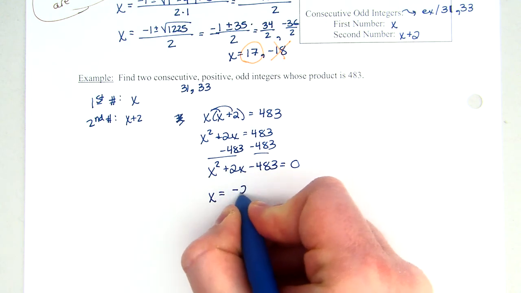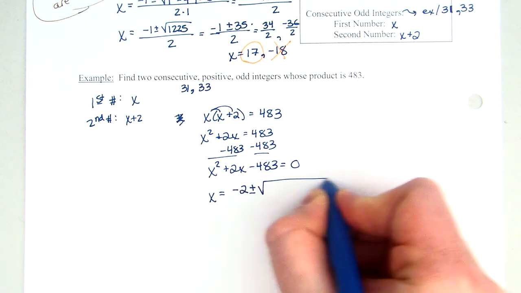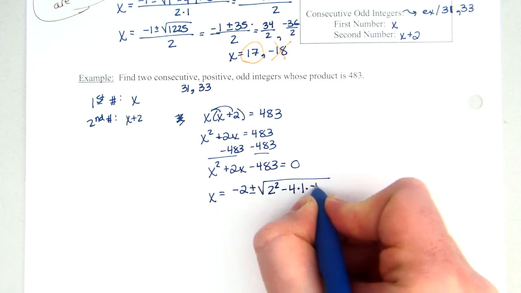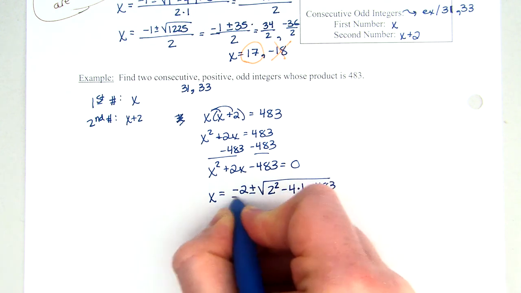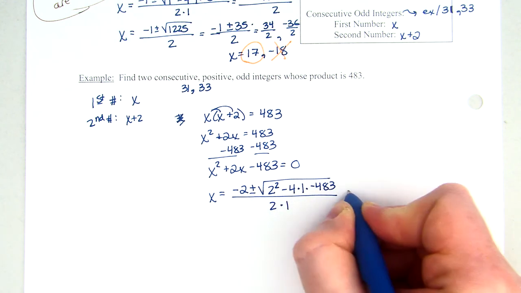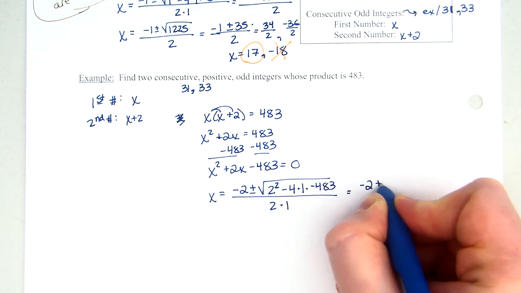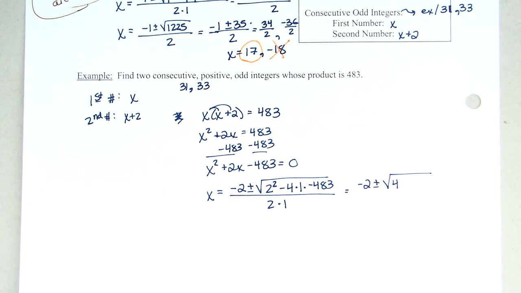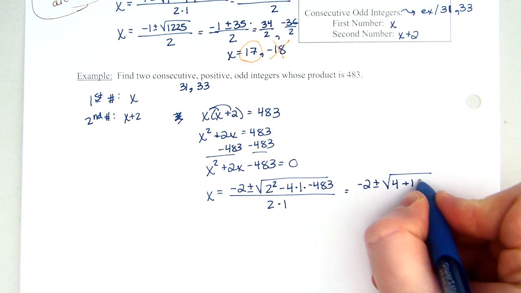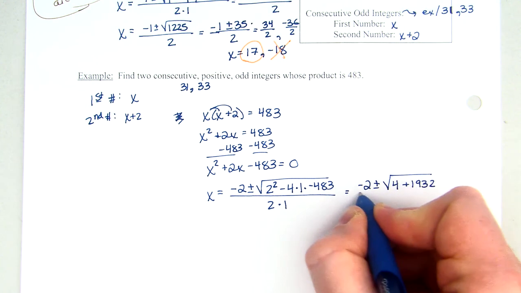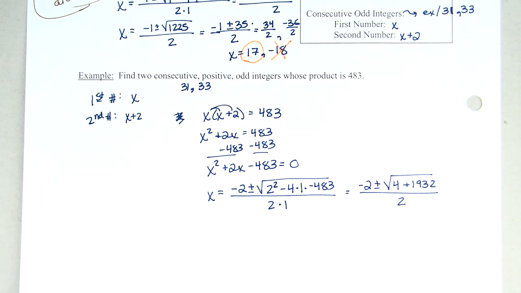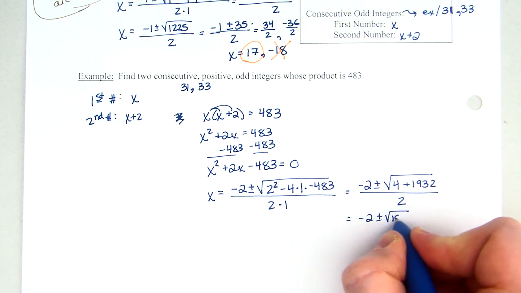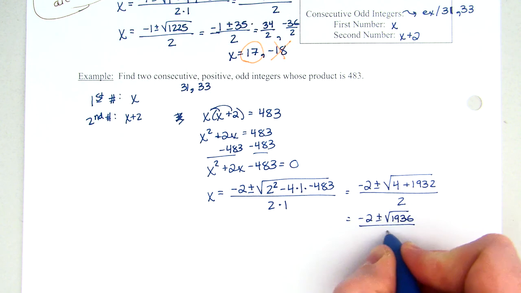X equals negative b, so negative 2, plus or minus the square root of b squared minus 4 times a times c, all over 2a. This gives me negative 2 plus or minus square root of 4. Those double negatives are going to turn this into a plus 1,932 over 2. Negative 2 plus or minus square root of 1,936 over 2.